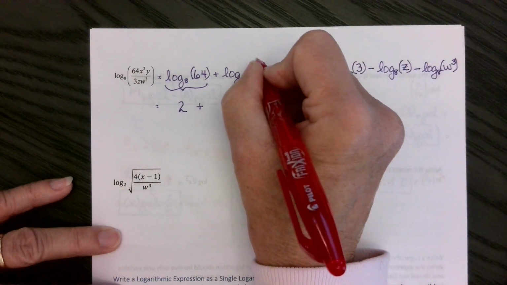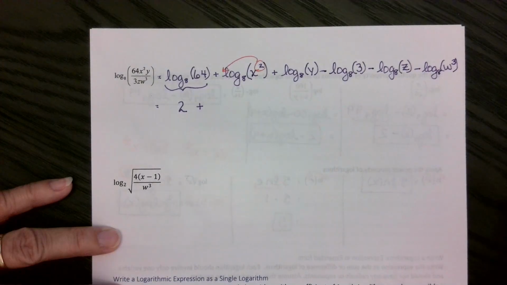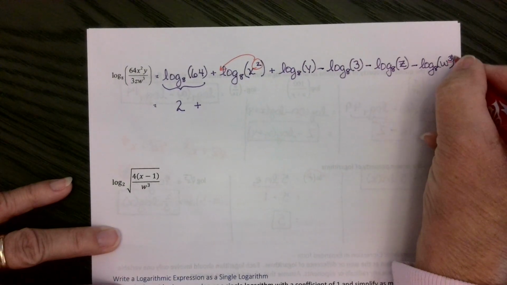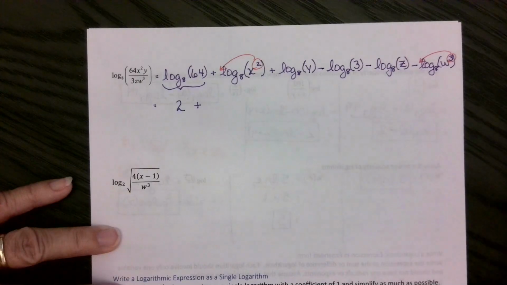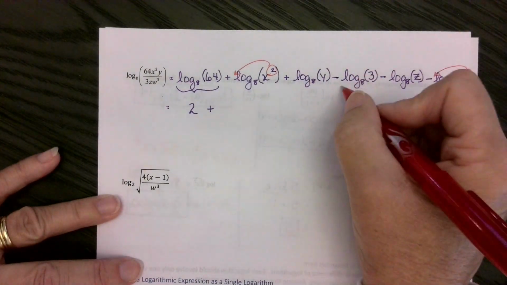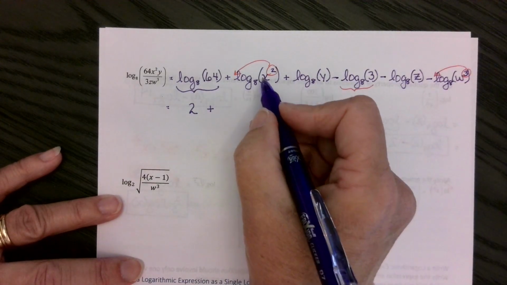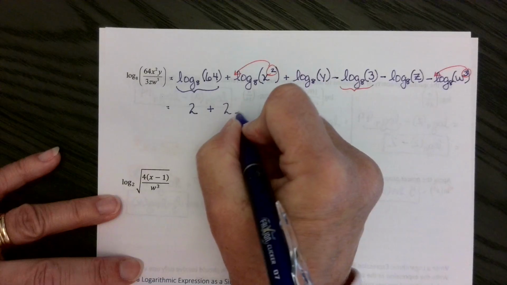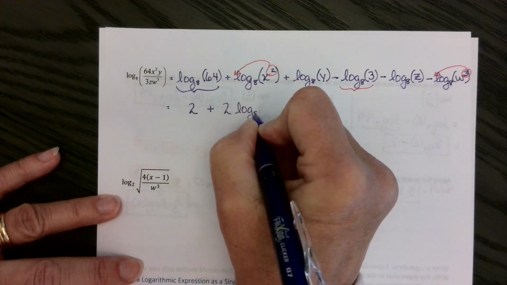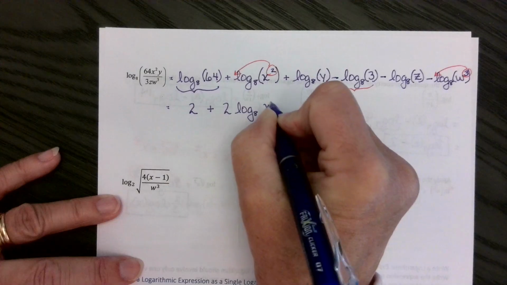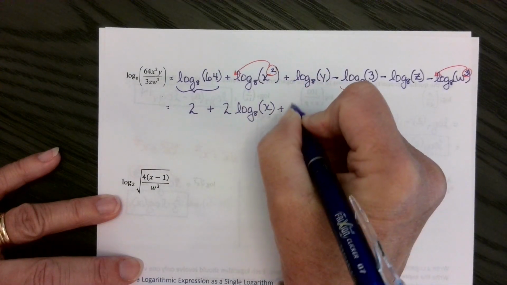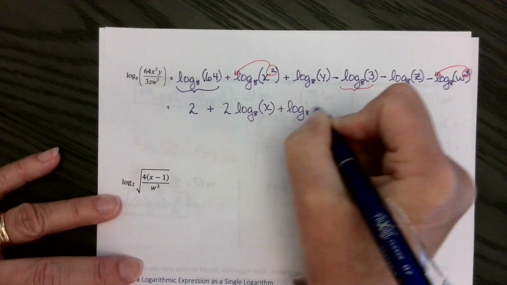We're going to take it to the front. And we also have another exponent here, so it's going to go to the front. Okay. And then we got to check to see if this one will simplify. All right, so here I'm going to say 2 log base 8 of x plus log base 8 of y.